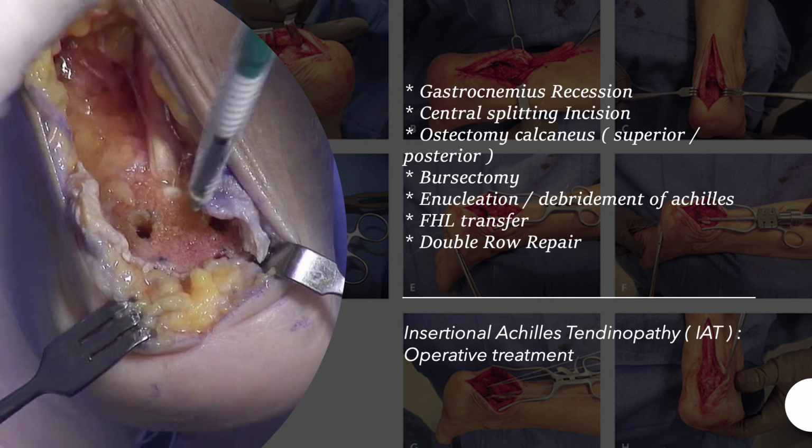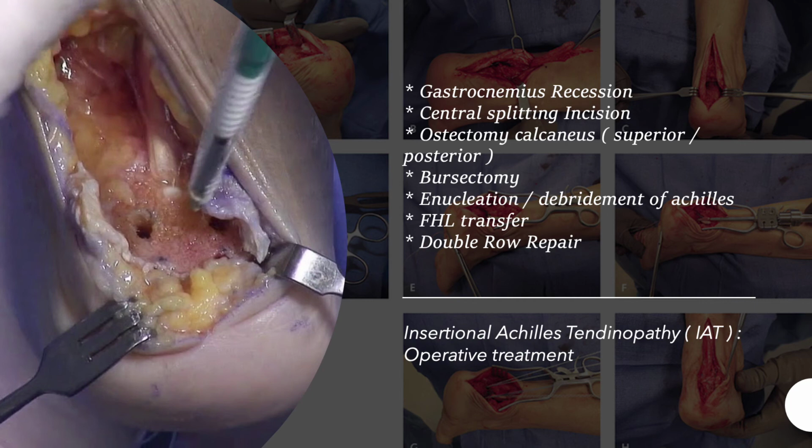A surgical video is to follow, but in my hands I use what I think most use, which is the central splitting incisional approach, which involves an aggressive ostectomy to both the posterior and superior aspects of the calcaneus.